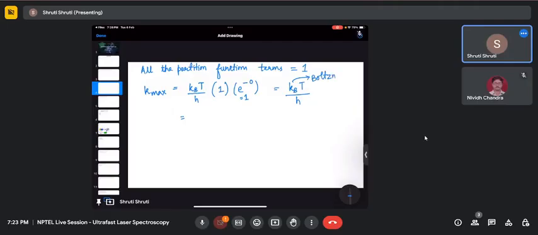Then the I will be given by 90% of I naught. Okay, so this is 0.9 I naught.